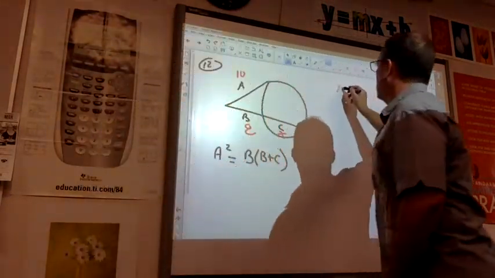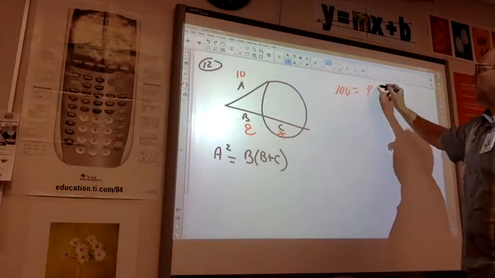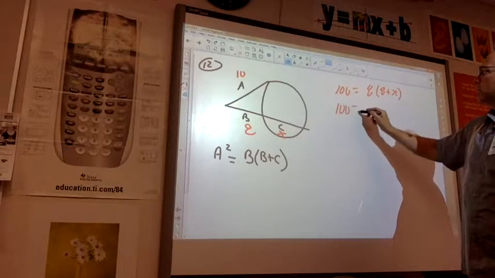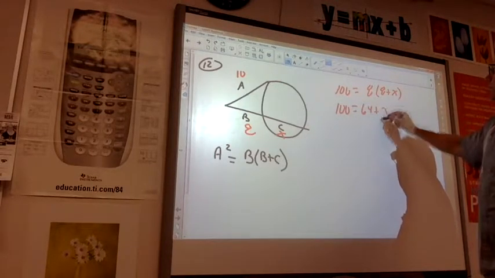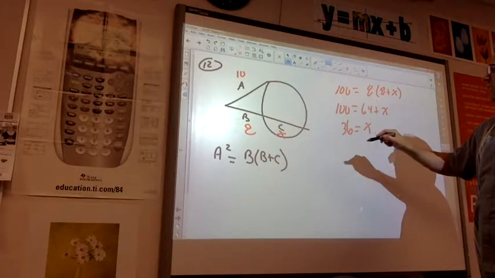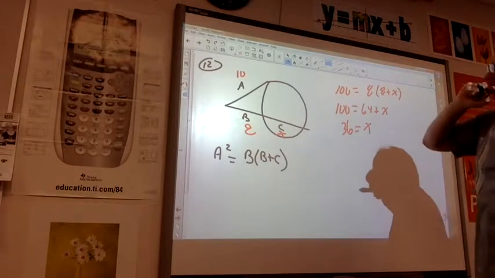So this will be 100 equals 8 times 8 plus x. 100 equals 64 plus x, so x equals 36. Is that right?